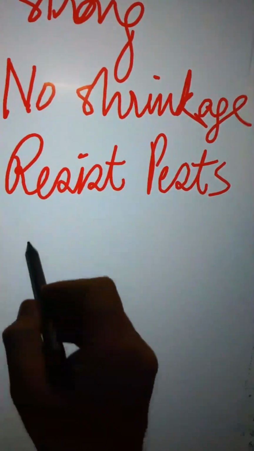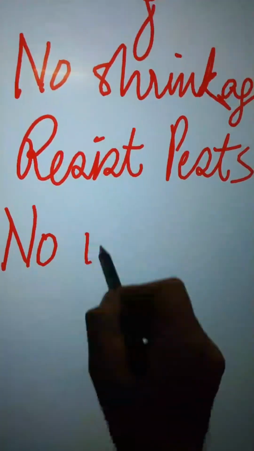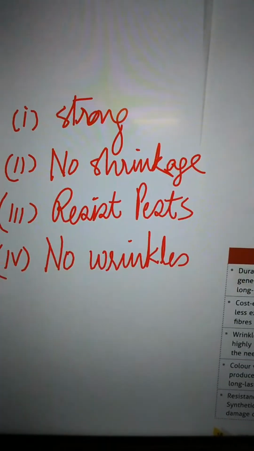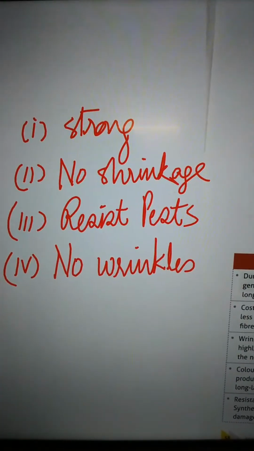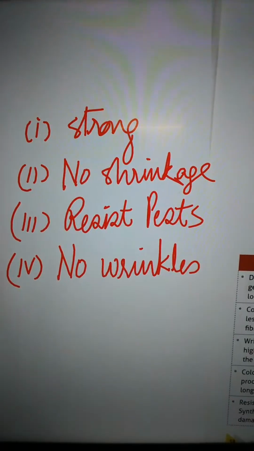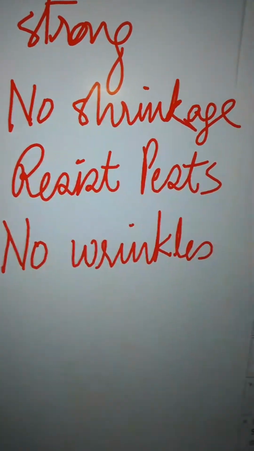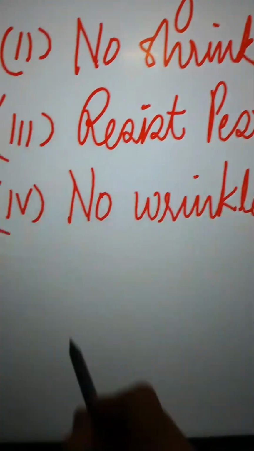Then fourth, you can say no wrinkles. Like if you have a handkerchief, when you wash it, if it is pure cotton, it will have wrinkles. But if you have any cloth which is made up of synthetic fiber, it will have no wrinkles.